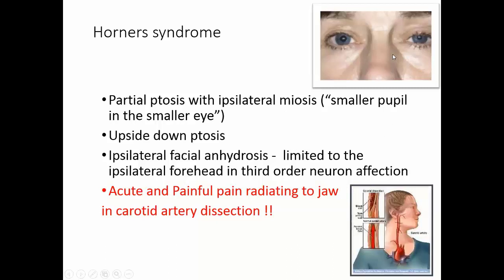Then you have to look for ipsilateral facial anhydrosis, which will be seen only in the forehead in cases of third order neuron affection. The important thing to remember in Horner syndrome is, if a person with Horner syndrome comes with acute pain, especially if it is radiating to the jaw, you have to suspect carotid artery dissection. You have to consider it as an emergency.